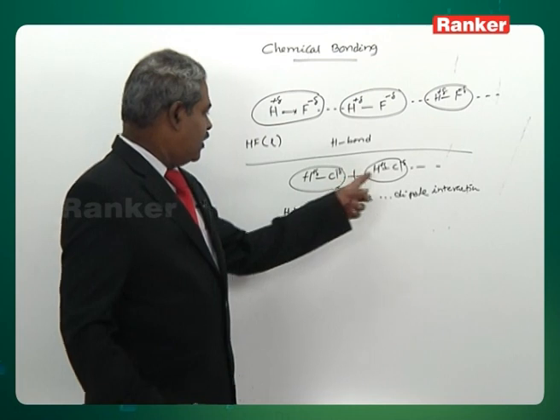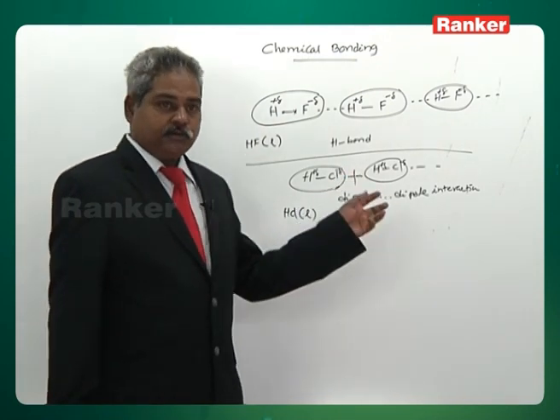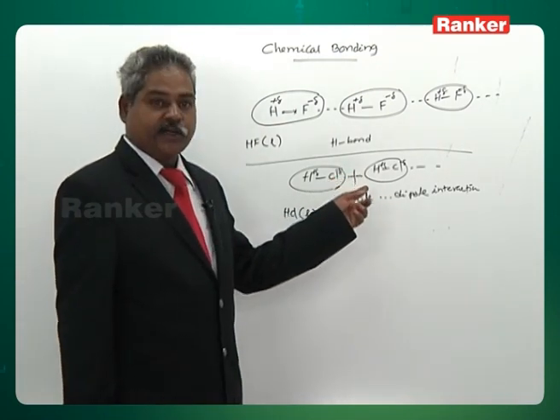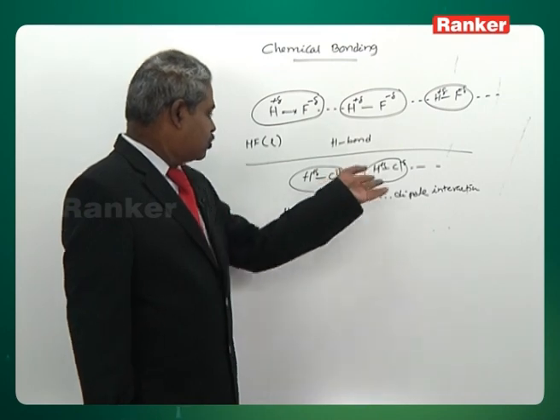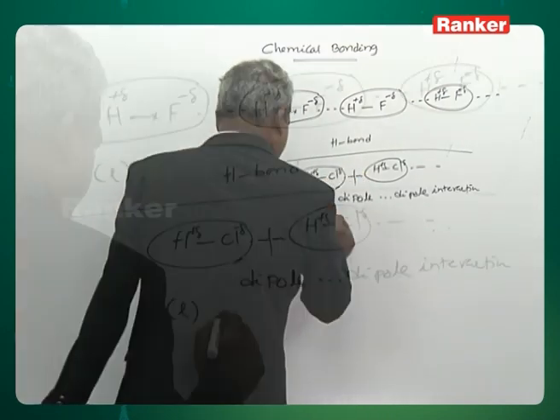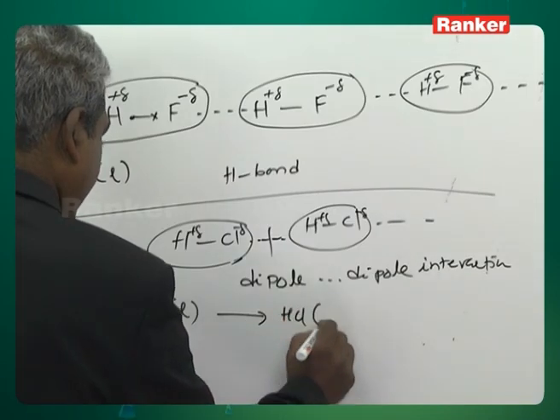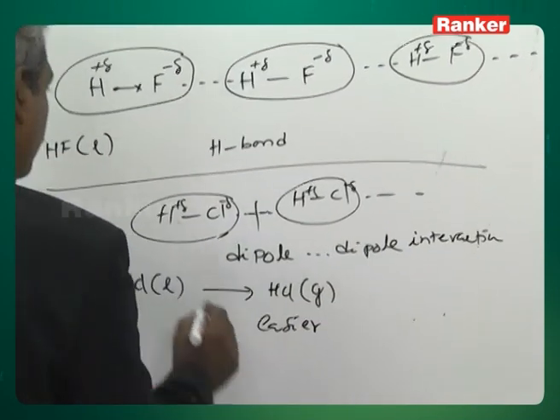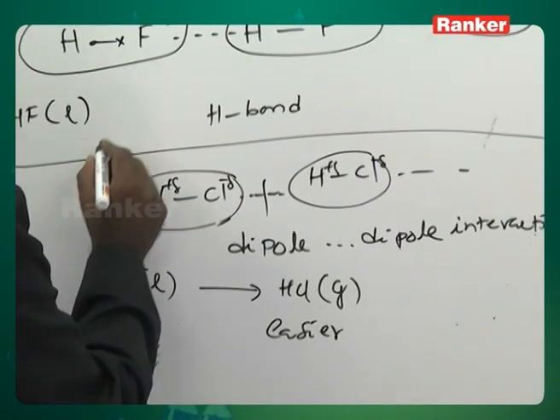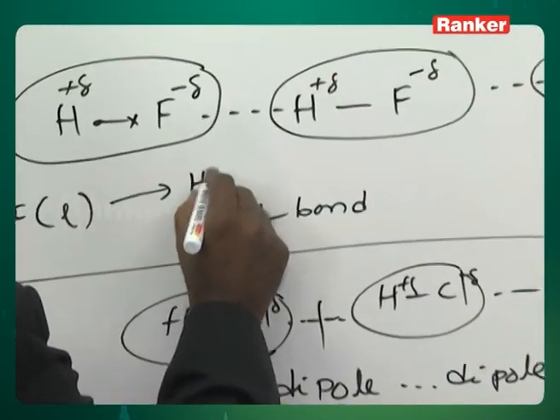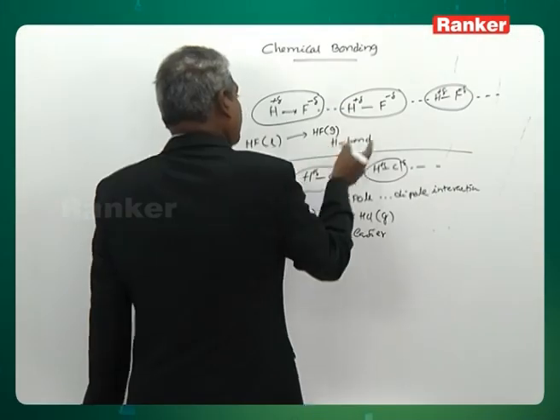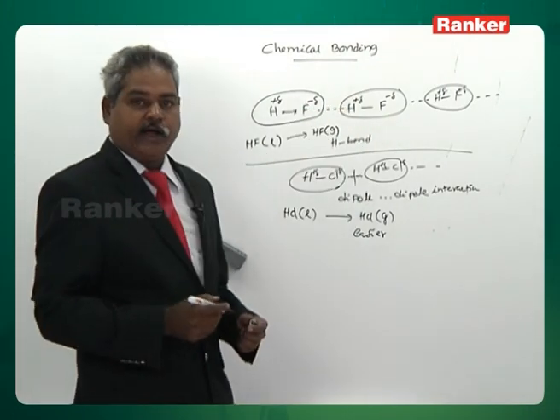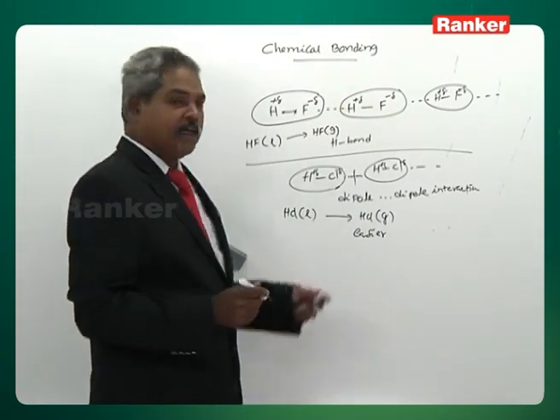Therefore, HCl goes to vapor state easily. HCl liquid to HCl gas is easier when compared to HF liquid to HF gas, which is relatively difficult. Therefore, the boiling point of hydrogen fluoride is more than that of HCl.